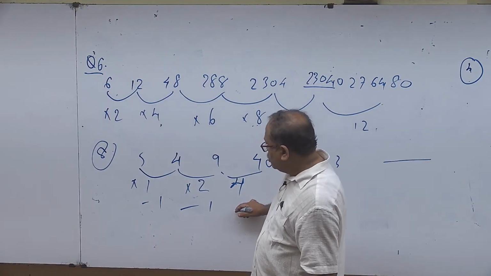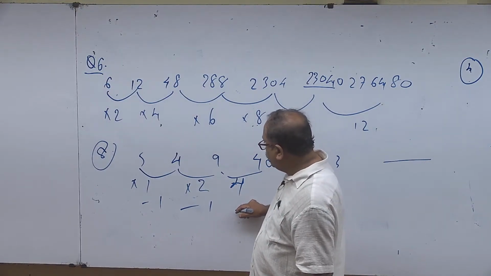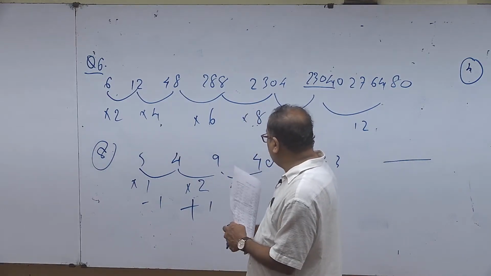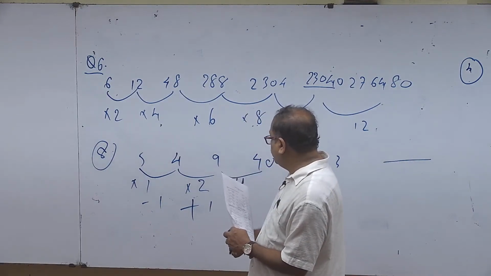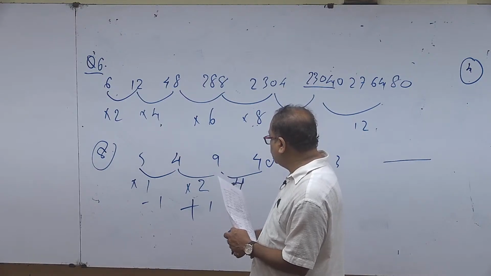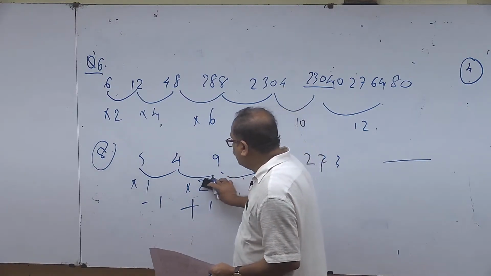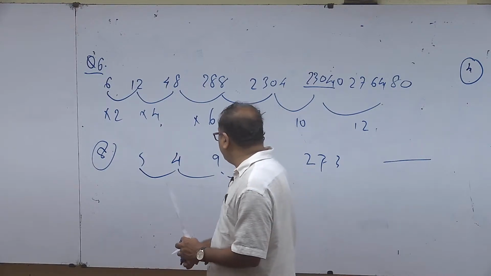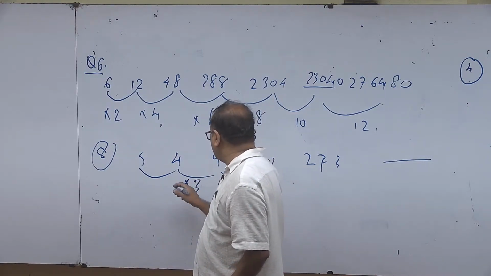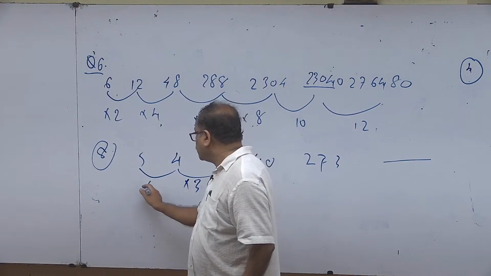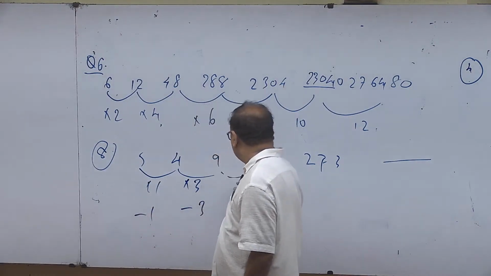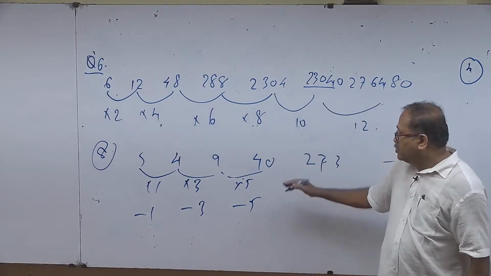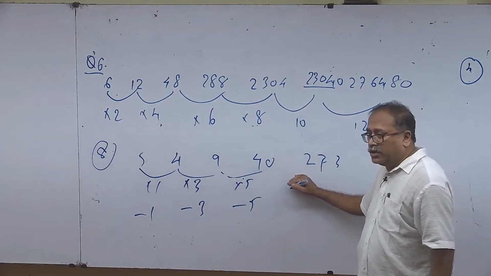Into 4 is 9, 36. 4 into 3, prime number, into 3 is 12 minus 3, so into 1 minus 1, into 5 minus 5, into 7. So don't write that because we already got the clue.